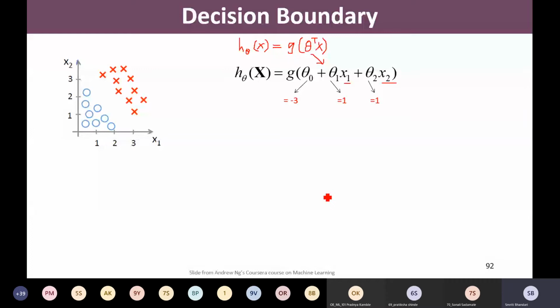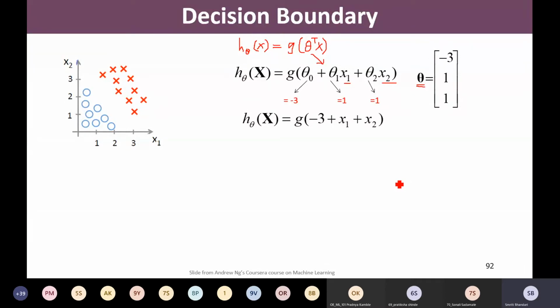So our parameter vector theta is -3, 1, 1. This is just one example for illustration. Obviously my hypothesis would be h theta x equal to g of -3 plus x1 plus x2.